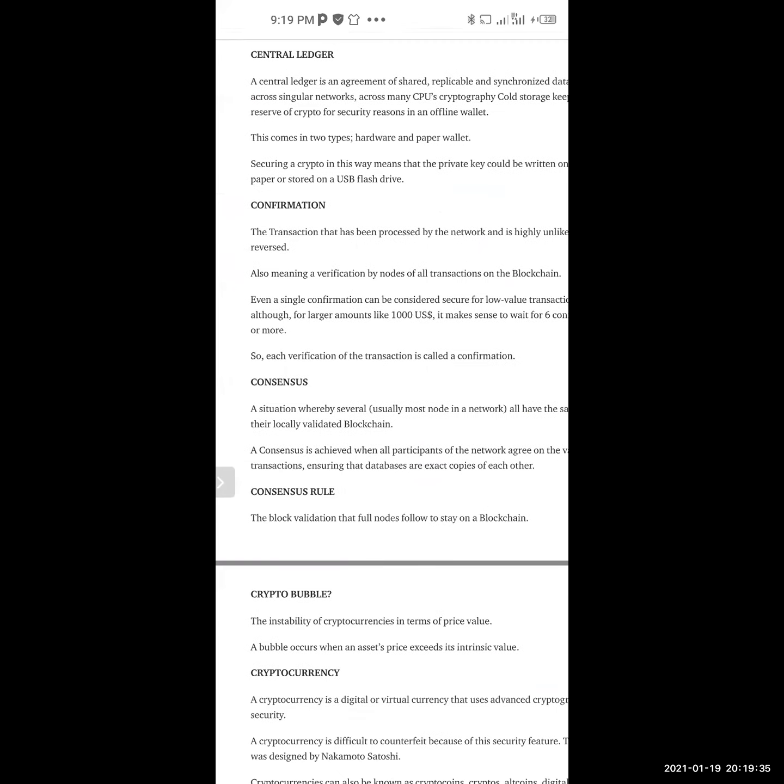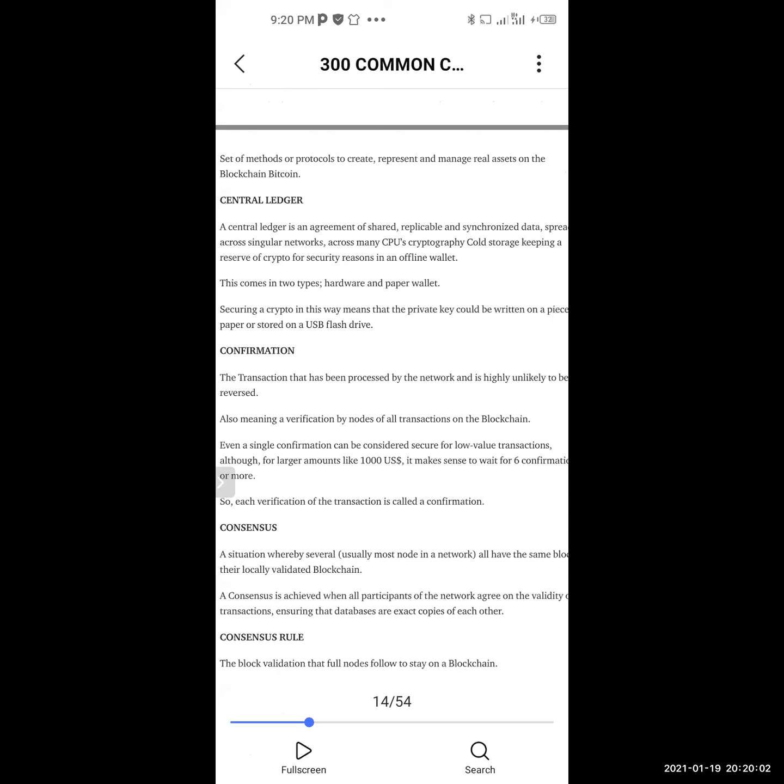Next, when you say something is confirmed: when you buy a coin, whether it's on Luno or you go to what we call Etherscan, the blockchain explorer, you can copy the transaction ID or hash of that coin and paste it in the explorer.